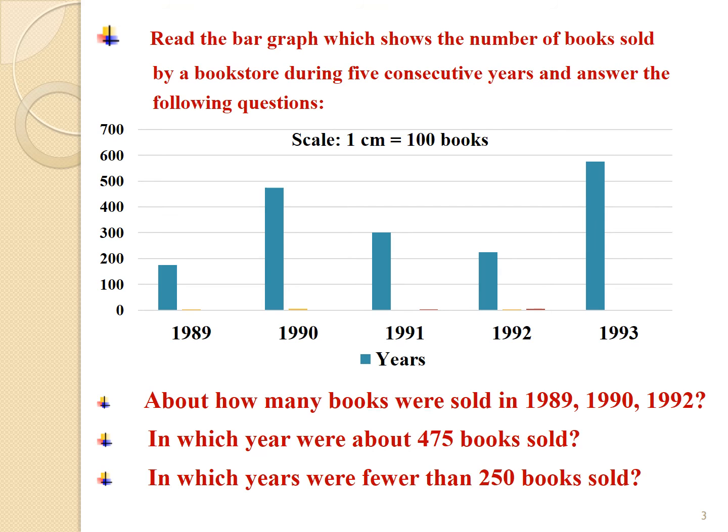Students, we came to know that in the year 1989, 175 books were sold, and in the year 1992, 225 books were sold. So we can say that years 1989 and 1992, fewer than 250 books were sold.